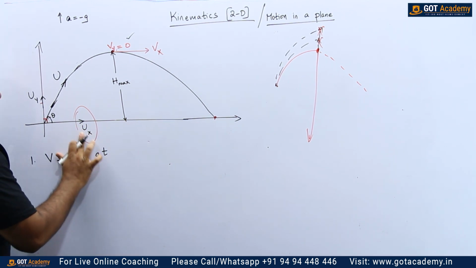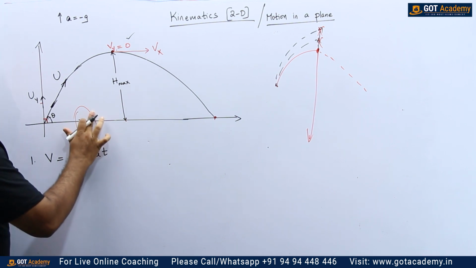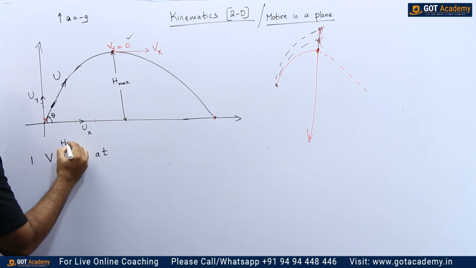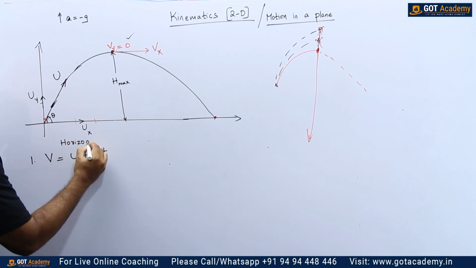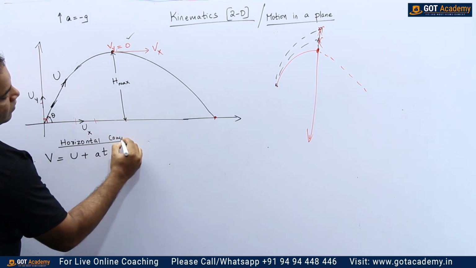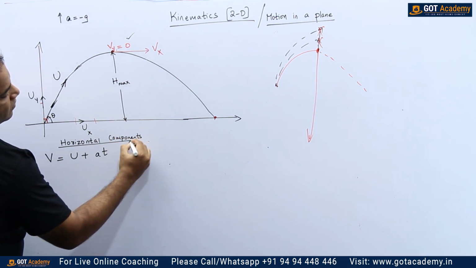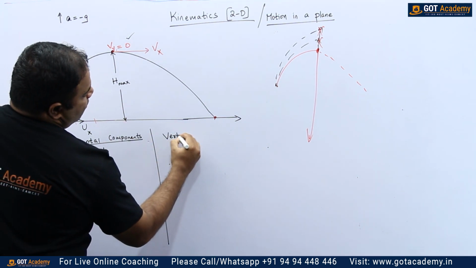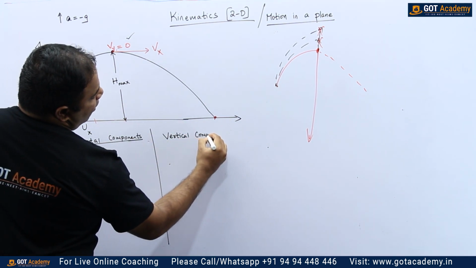But here the difference is that we have to take x and y components. So here I will write x, that is horizontal components. And other one is vertical components.